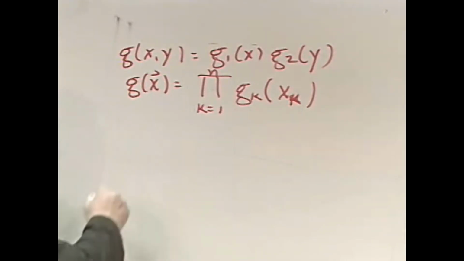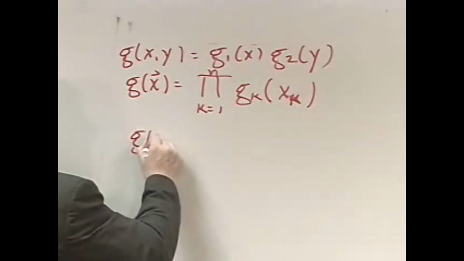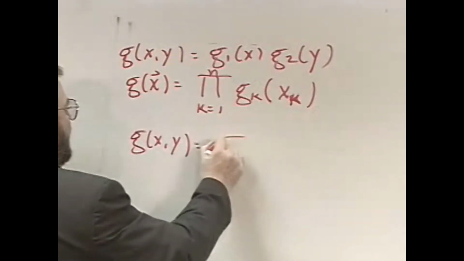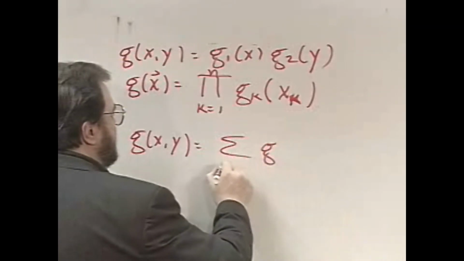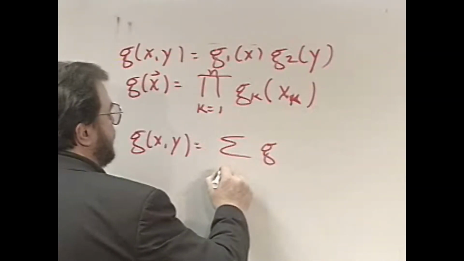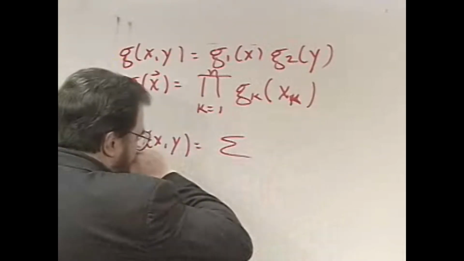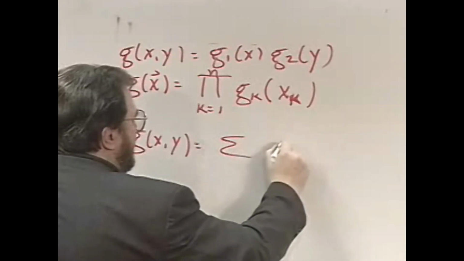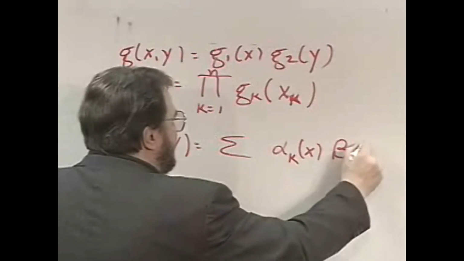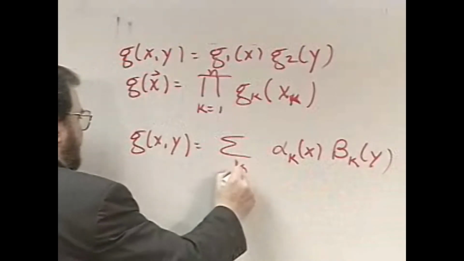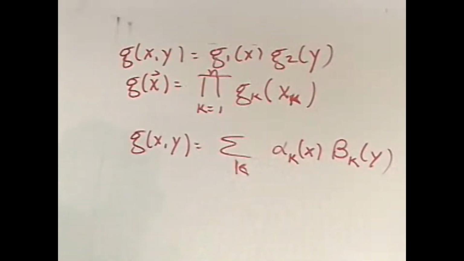In fact, you can take any function and write it as a summation of, let's call it, alpha sub k of x times beta sub k of y. And if you sum over k, you can always find a summation of separable functions which will give you the original function, always.